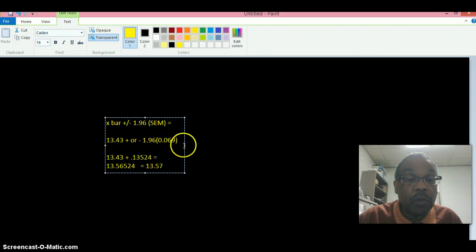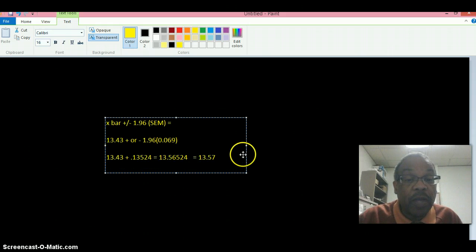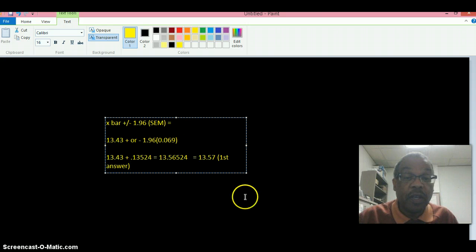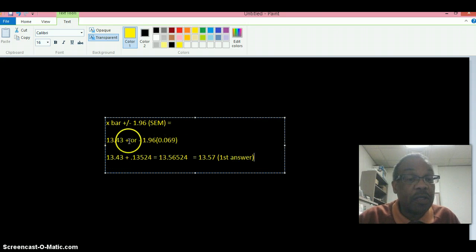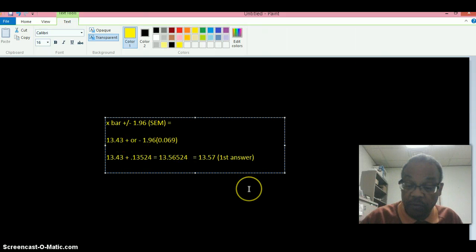So this is the first answer, and that's because this question is two parts. It's a plus or a minus, so we have to compute both.